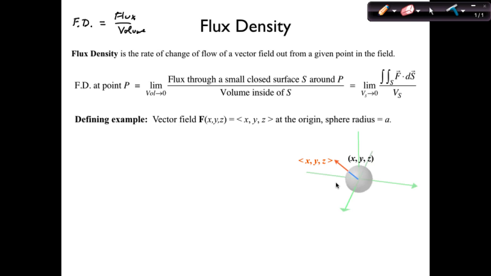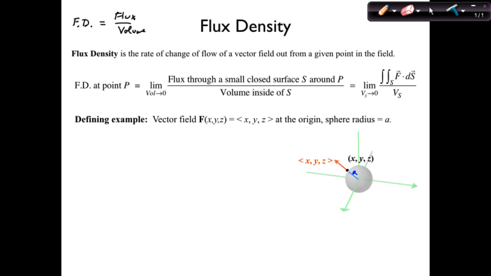So if you take a sphere of radius a, then the magnitude of that orange vector, if it's a vector at the sphere of radius a. So this is the point xyz right here, which is radius a, so that's like the length from there to there. But then the vector is xyz. So what's the magnitude of that vector?